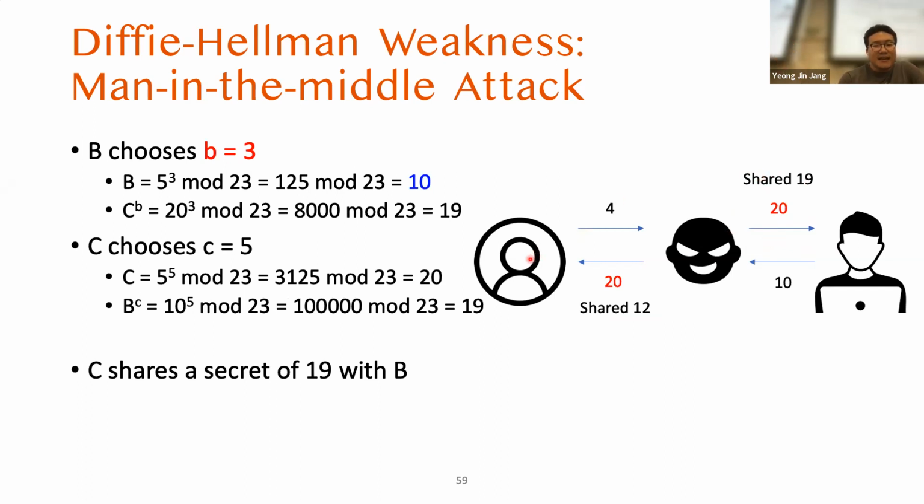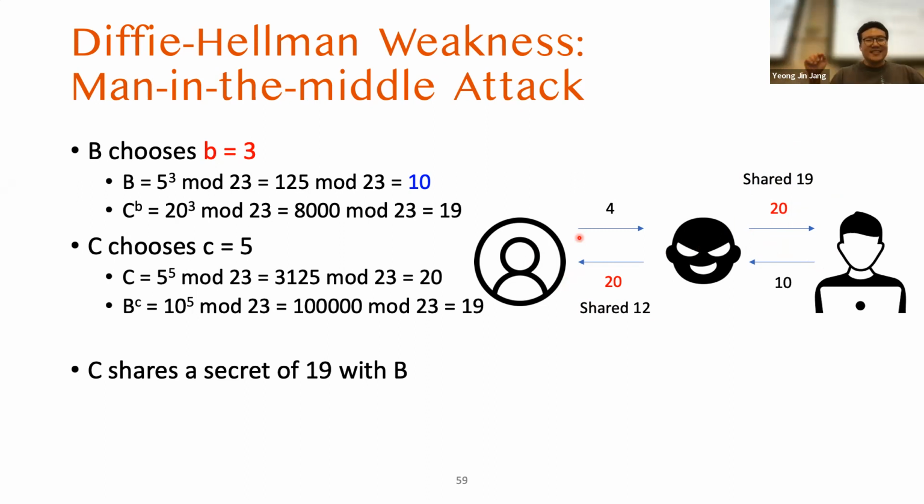So A and C will talk with this as the symmetric block cipher key, and B and C will talk with their key. But A will never know the second key at all, and B will never know the first key. Assuming that we are on the internet, we actually don't know what's happening in the middle.